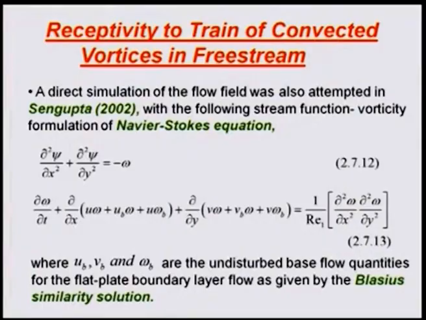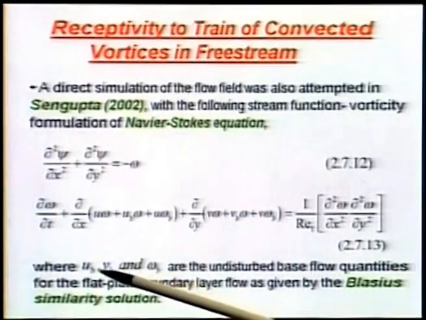What you notice is that this is the form of the Navier-Stokes equation, and the way this equation is written, you can notice that we have split the total variable into two parts. One is the basic part, which we indicate by subscript b.